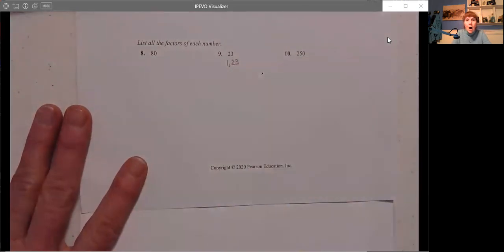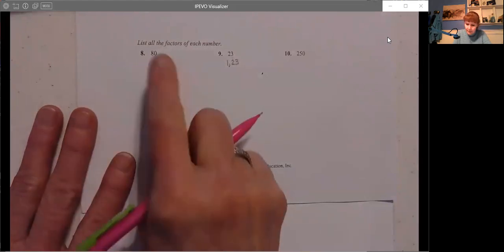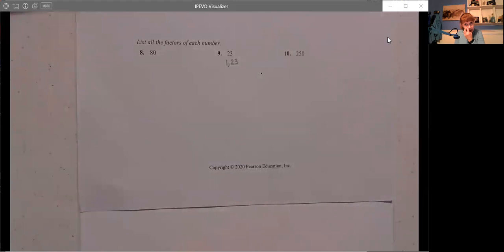But what about something like either 80 or 250? Let's look at 80 and see how many factors we've got. We did 40, but I don't think we did 80 earlier. No, we didn't.